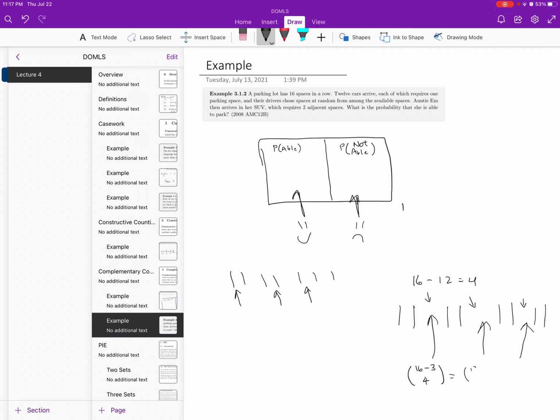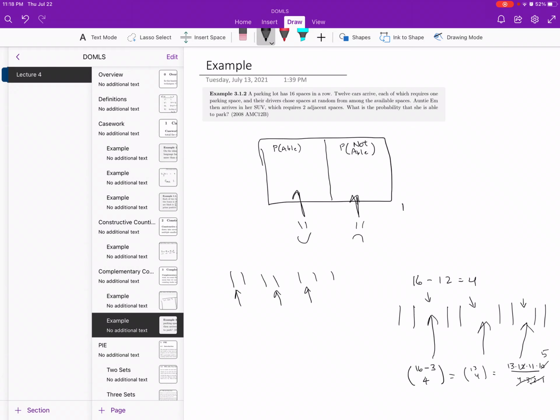To get 13 choose 4, which is going to be 13 times 12 times 11 times 10 over 4 times 3 times 2 times 1. And I canceled out everything in my head, and you'll figure out how I did this soon. After you get a lot of practice, you'll realize how I did this. So 4 times 3 is 12, and then let's cancel out more.